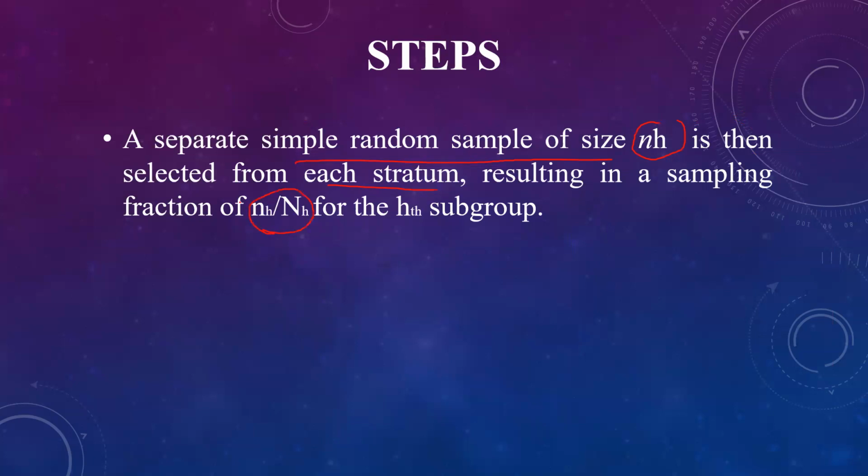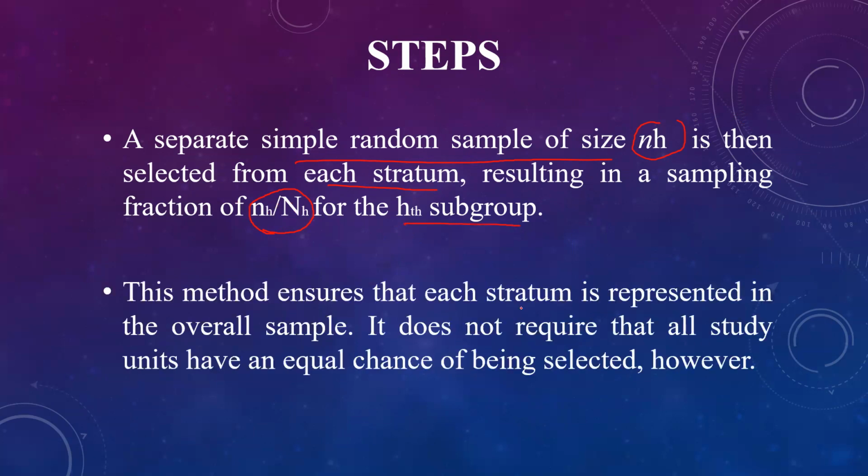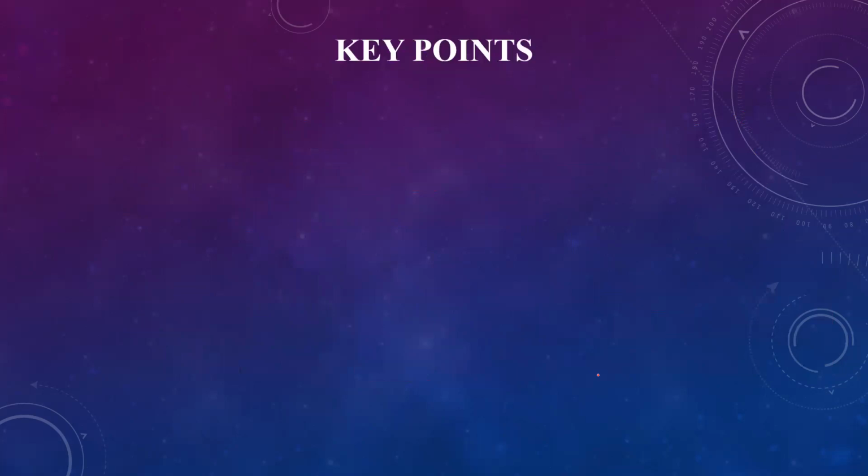Sampling fraction means the sample size divided by the total stratum population size for the h-th subgroup. This method ensures that each stratum is represented in the overall sample, and it does not require that all study units have an equal chance of being selected.